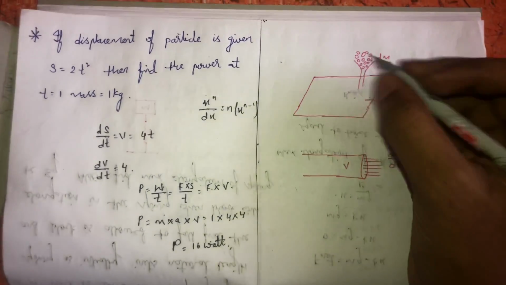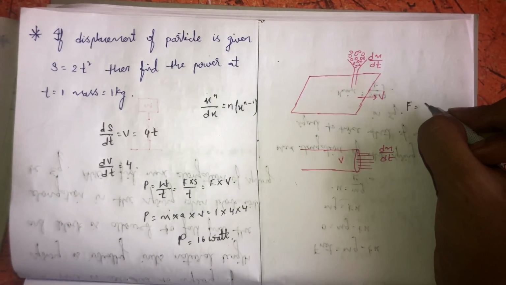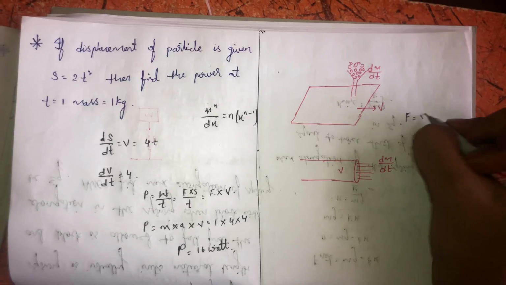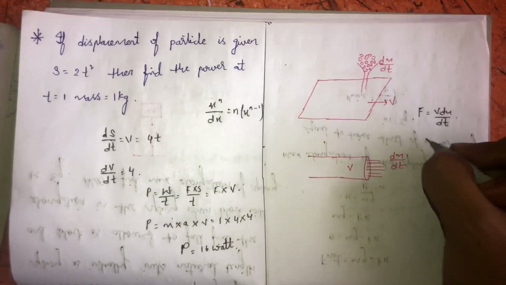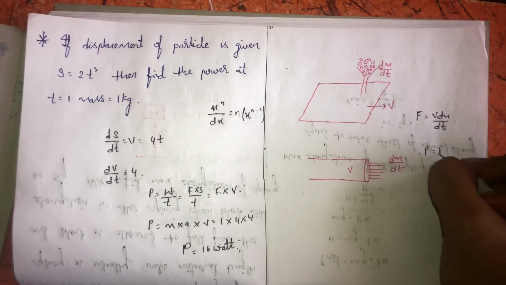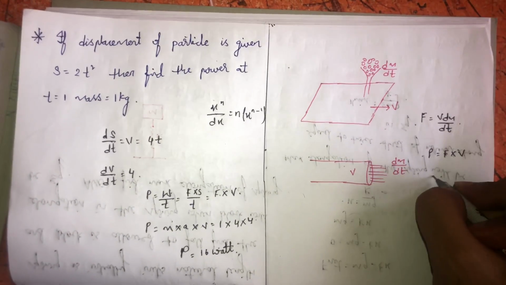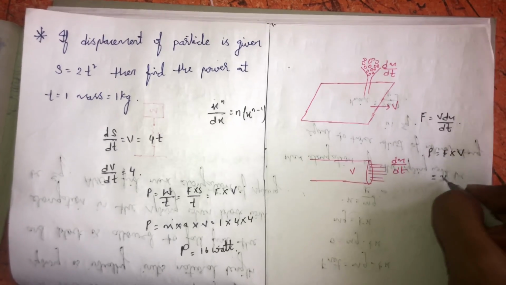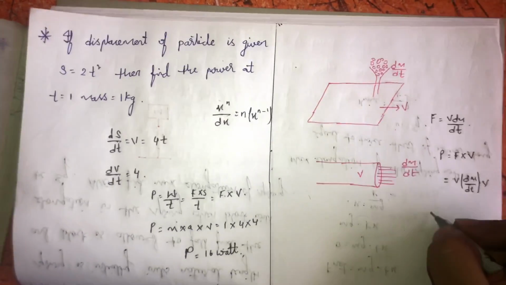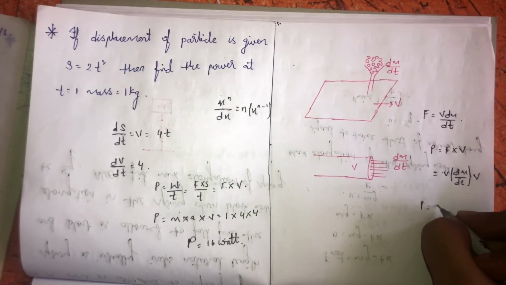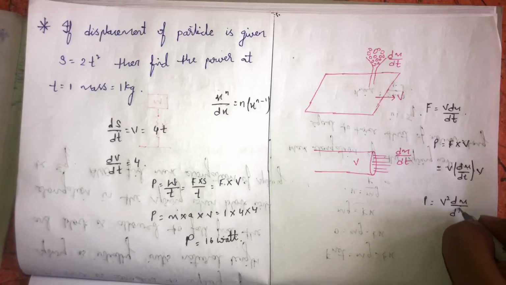Here in this condition, force will be equal to ma, that is v into dm by dt. Moreover, we know that power is equal to F into V, where from above the force is equal to V into dm by dt, so power is equal to V into dm by dt into V.